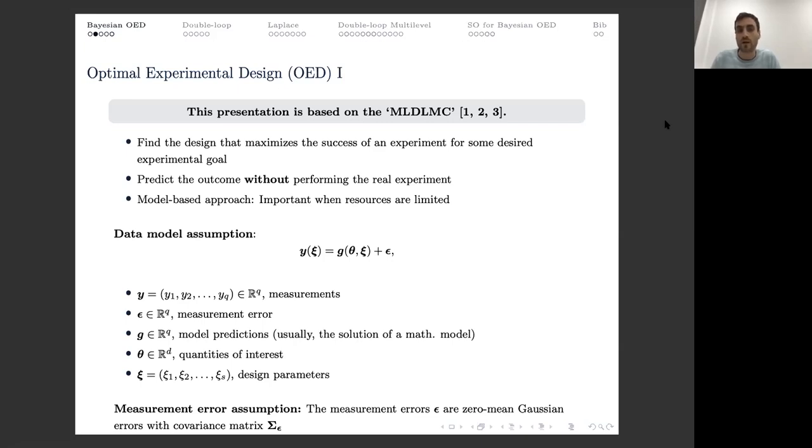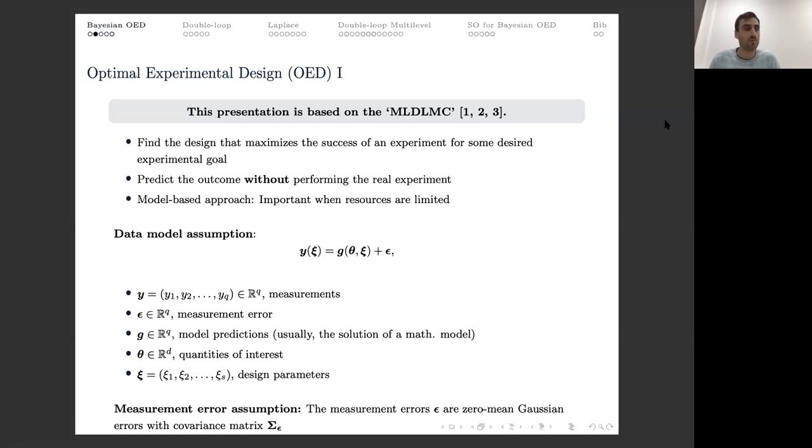This data will be defined by a mathematical model G plus an additive error, which is zero mean Gaussian with a covariance sigma epsilon. Here the inputs for G are theta, which is a random variable, and this random variable basically defines the parameters we want to recover.